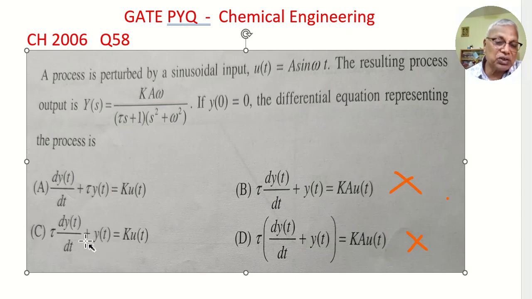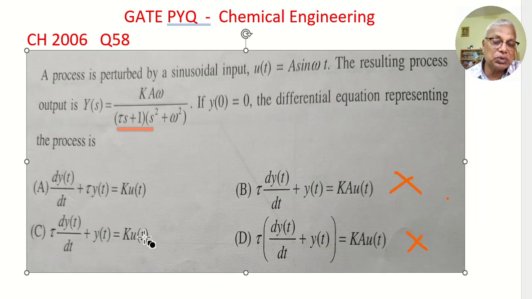So if you take Y(s) common, this is going to be τs + 1. So only this term is going to give me τs into Y(s). So when you take the Laplace transform of this, you will get τs + 1.